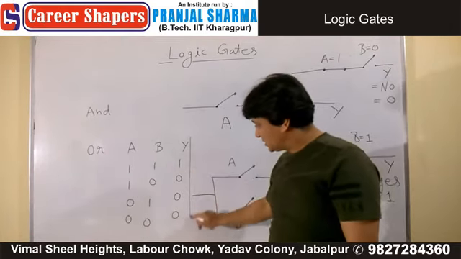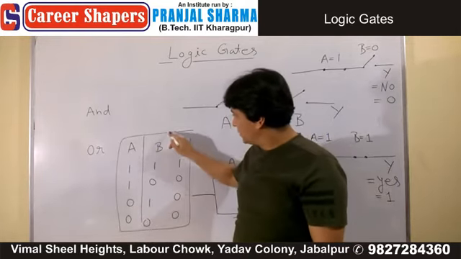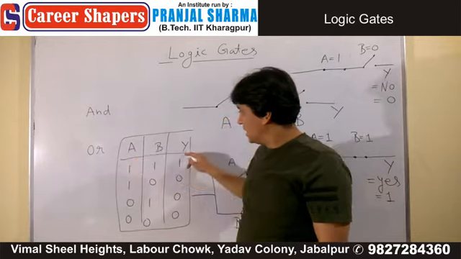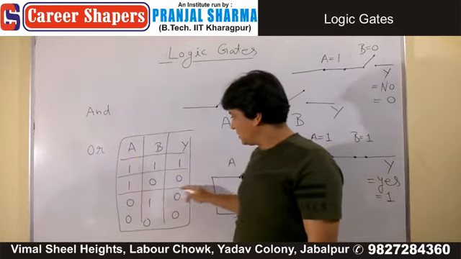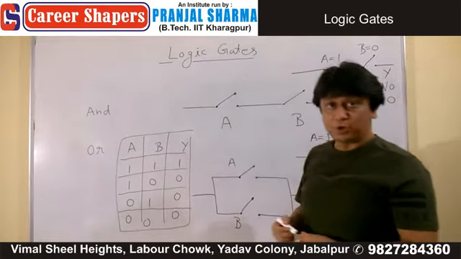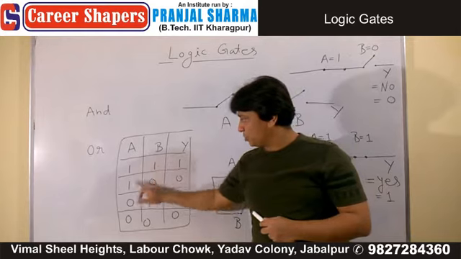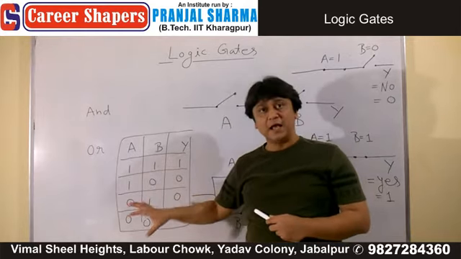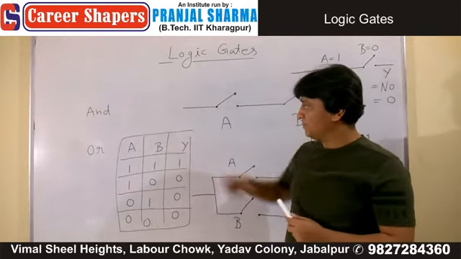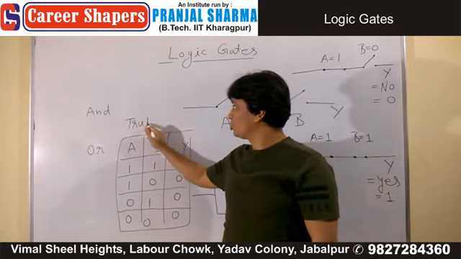This information which we have received with the help of inputs at A and B, and the resultant outcome at Y, is called a truth table.